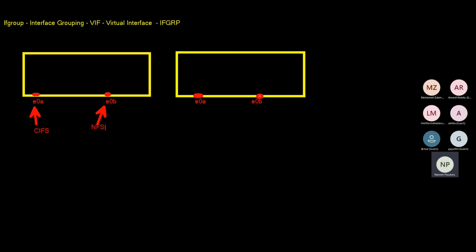Like that, I can use them separately. What if both for CIFS and NFS, I'm using the same IP address range, same subnet, for example 192.168.0.x. I'm using this range for both the protocols, both CIFS and NFS.